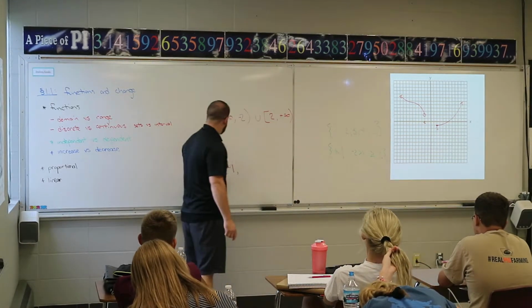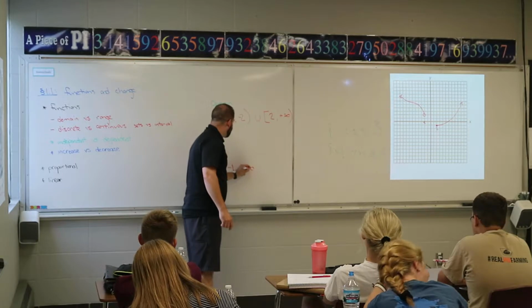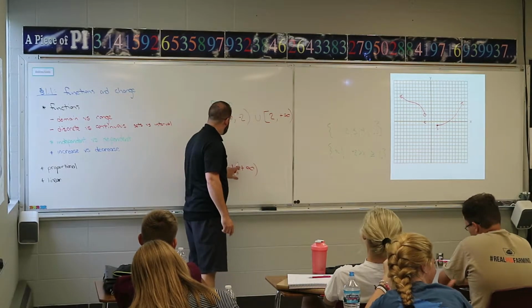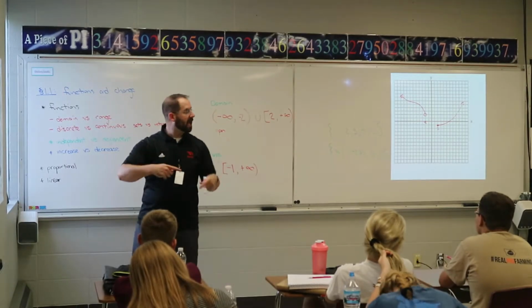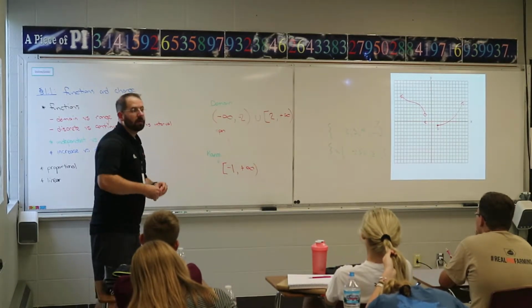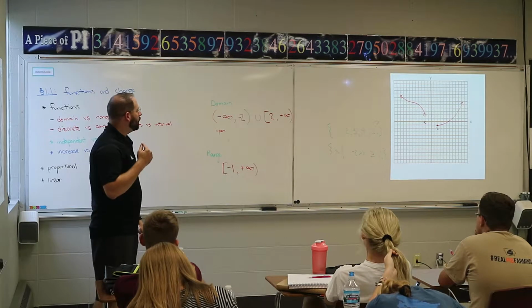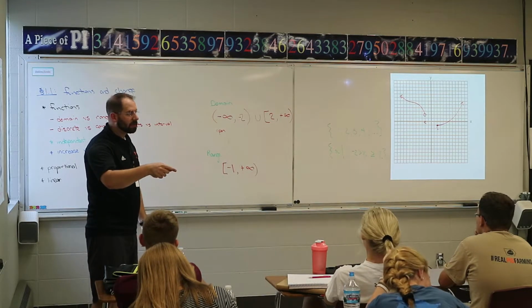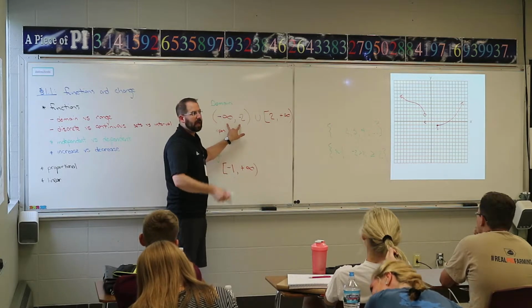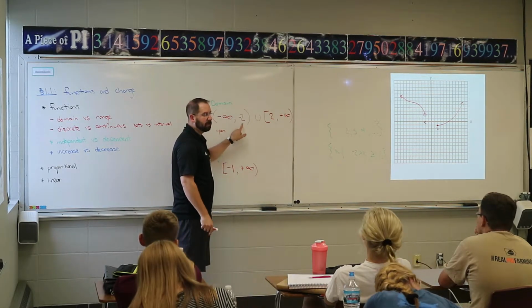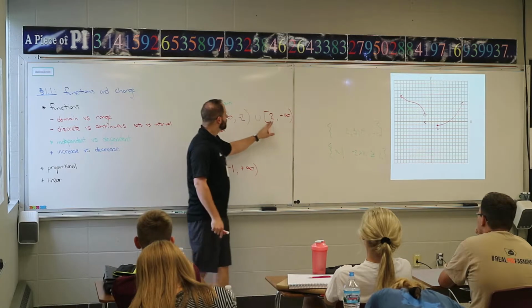So, from negative 1 up to positive infinity. Now, the thing that people get wrong when they write this, they use the wrong number for the range. They forget they're supposed to use Y numbers, not X numbers. And the other thing that they forget is that you have to go least to greatest. So anytime you write one of these intervals, it has to go the small number first, the bigger number second.